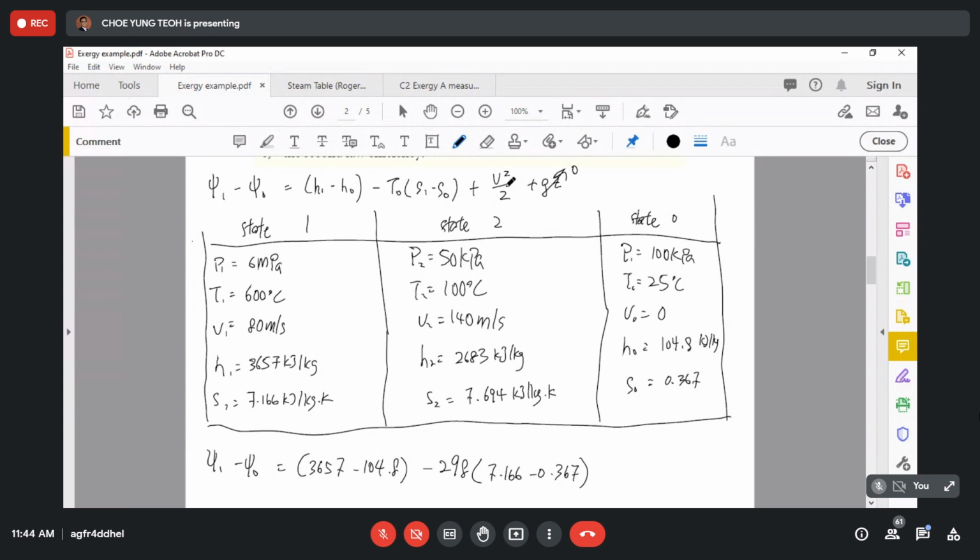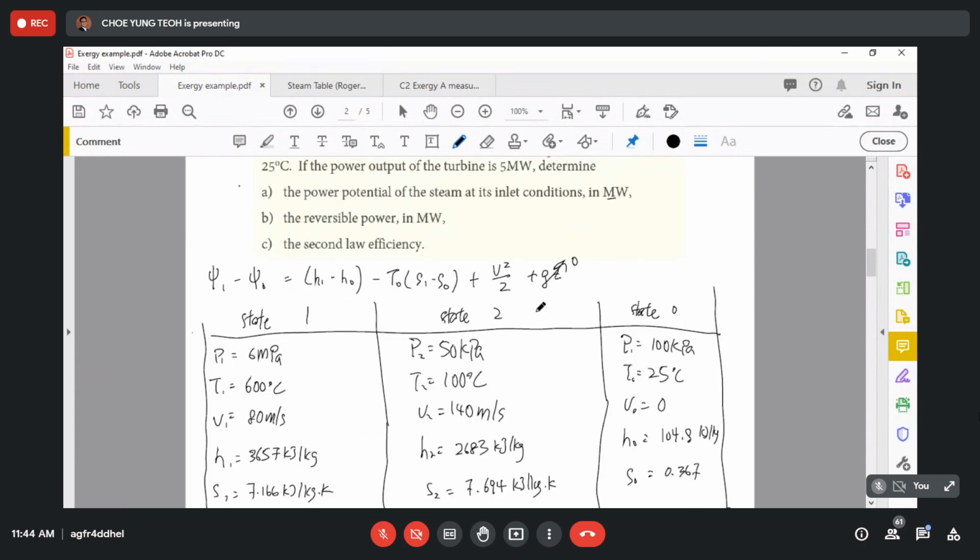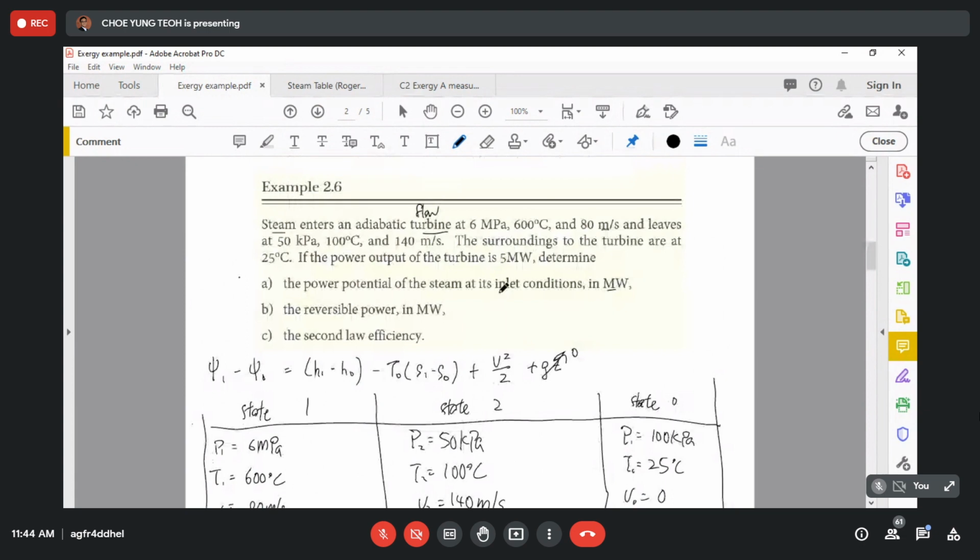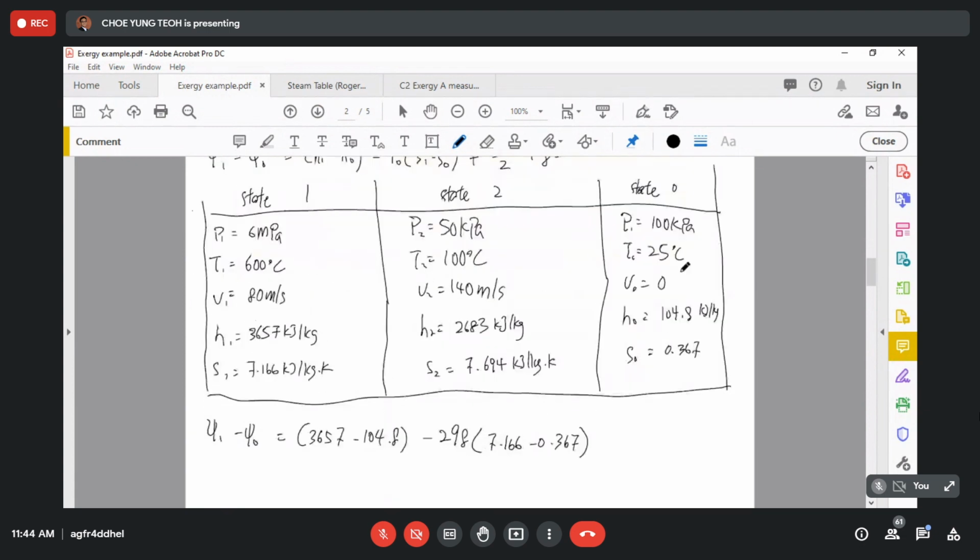And then V squared. So this one, actually you have to measure the change of kinetic energy. I would say that this V1 squared will be the initial velocity, 80 meter per second, 80 meter per second minus 0 squared over 2000. Okay, because I want the unit in terms of kilojoule, so I divide by another 1000.